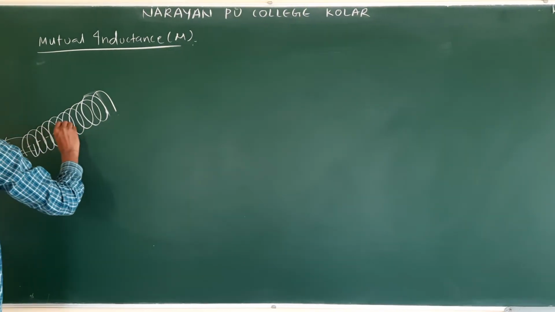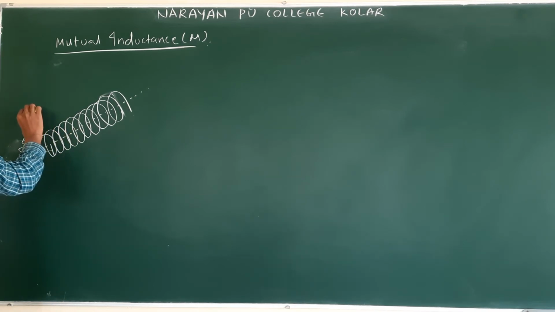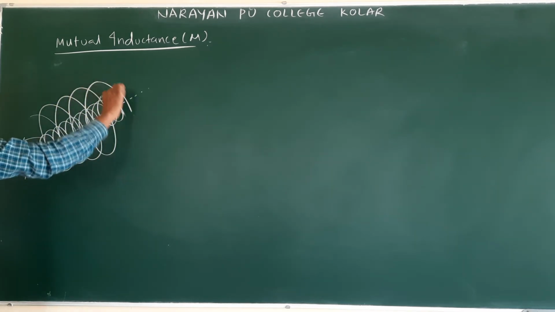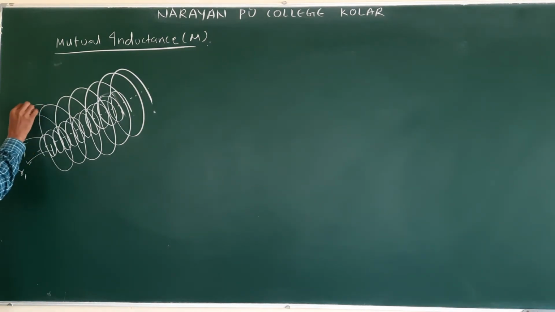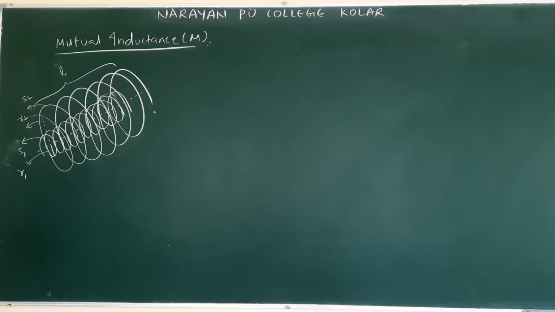This is the axis of the solenoid. Now I am taking another solenoid, S2, with radius R2. The length remains the same for both. So I placed the small solenoid inside the big solenoid, and their axes remain the same.